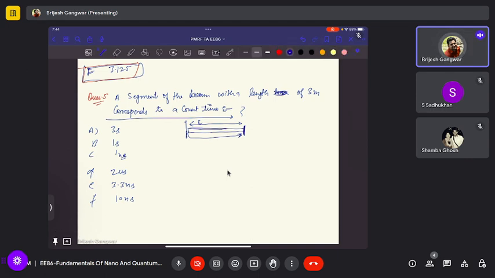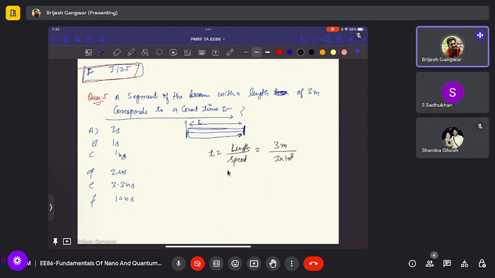The time you can calculate by the formula t is equal to length divided by speed. Length is given as 3 meter, and the speed of the photon is 3 into 10 to the power 8 meter per second.